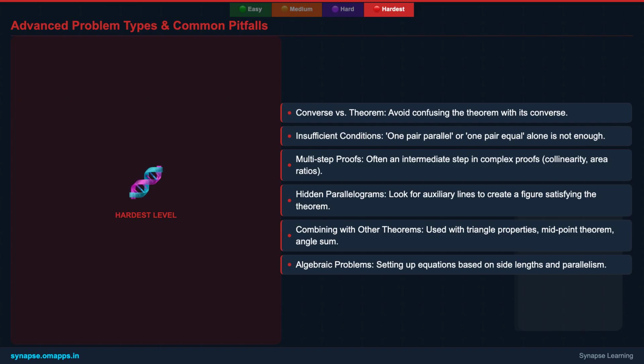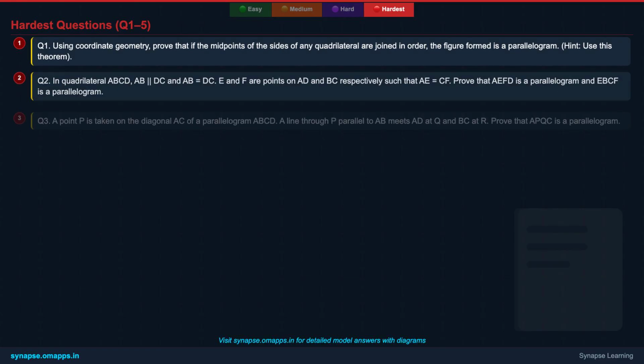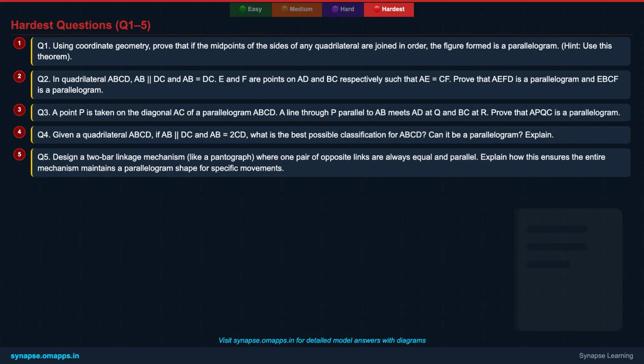You'll often need to combine this theorem with other geometric concepts, such as triangle properties, the midpoint theorem, or algebraic expressions for side lengths. Mastering this means not only knowing the theorem but also understanding when and how to apply it effectively in diverse and challenging scenarios. Here are the first 5 hardest level practice questions.